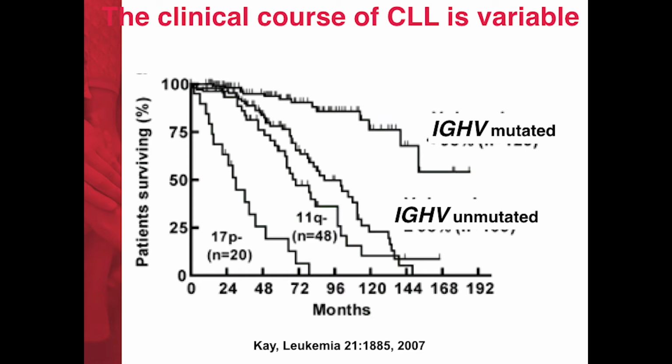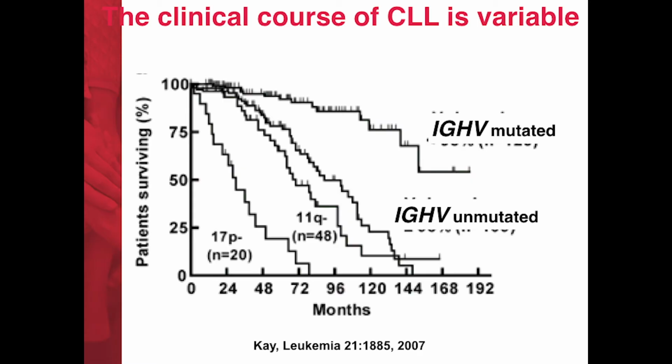If the B cell receptor was mutated, those patients had a very indolent course. After almost 20 years, most of these patients were alive. The unmutated immunoglobulin receptor subtype of CLL grows faster, has what we call a more aggressive course, and so more of those patients would die more quickly.